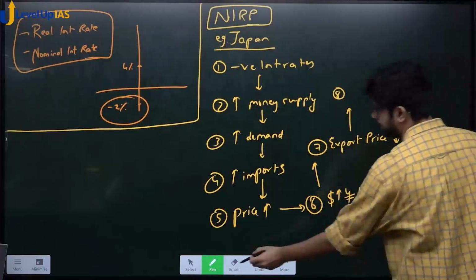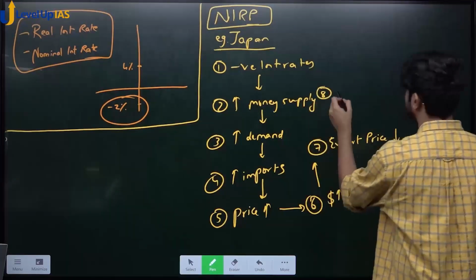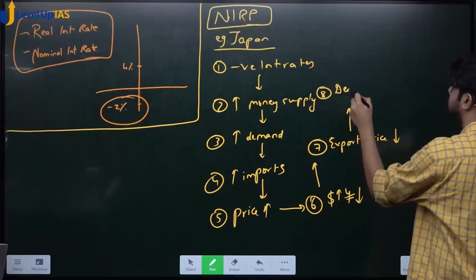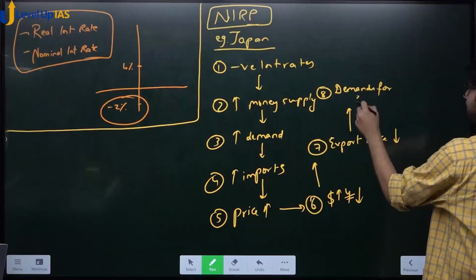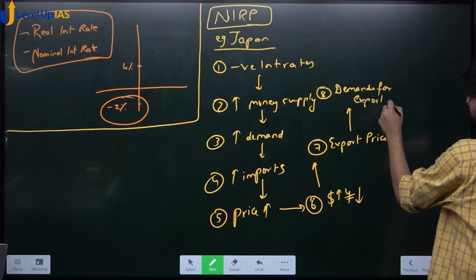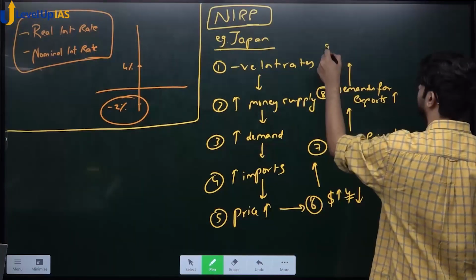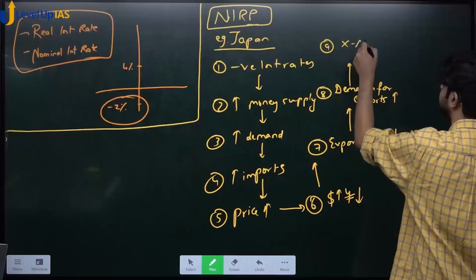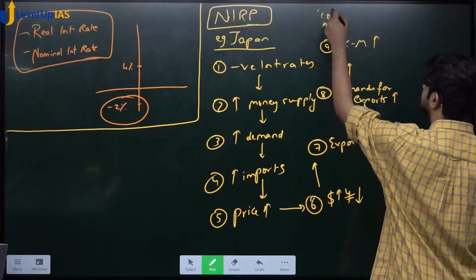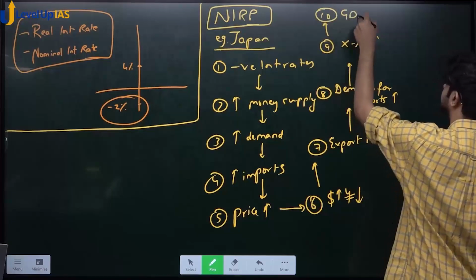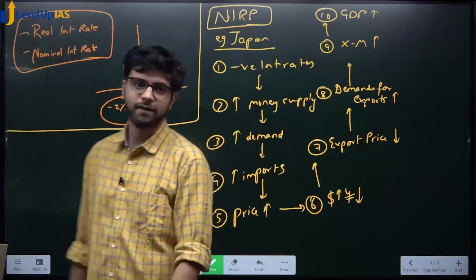Next step, demand for exports increases. Next step, X minus M increases. Next step, GDP increases. Samjha?